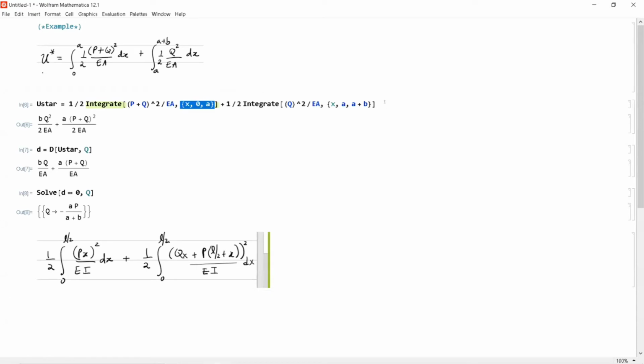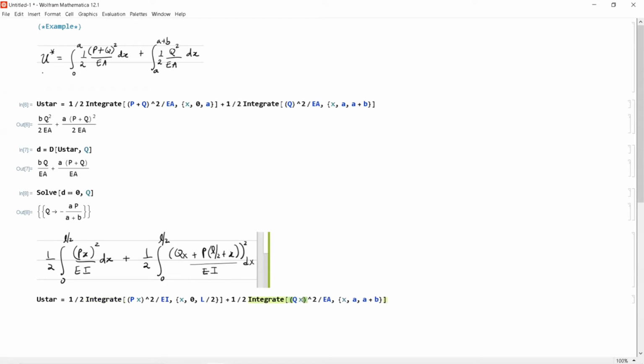I'll just copy and paste this whole thing so I don't have to, it's basically the same formula. The only thing changing is what's inside, so why not just write it down again? I want to integrate Px squared over EI. In this case it's not EA, it's EI. I'm cheating a little bit, but why not? I can do that because I'm the one teaching it.